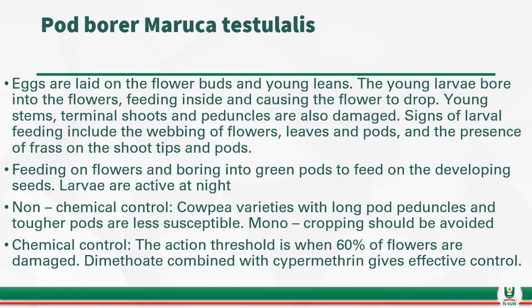The young larvae which hatch from the eggs fall onto the flowers and start feeding on them. When they feed on the flowers at the point of attachment to the plant, the flower drops. They also feed on the young stems of the plant, the terminal shoots and the peduncle; all these are also damaged in the process.